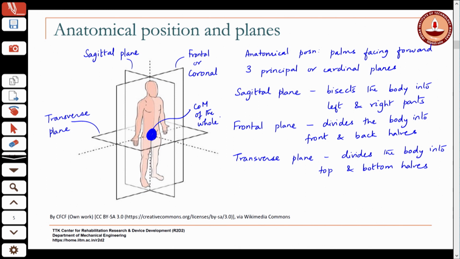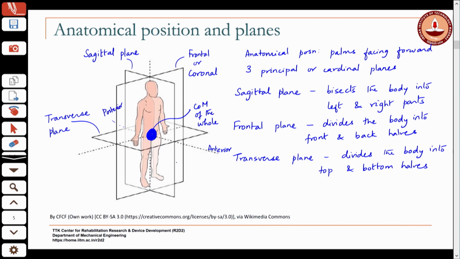Because the frontal plane divides the body into front and back parts, whatever is in front of the plane is called anterior and what is behind is posterior.